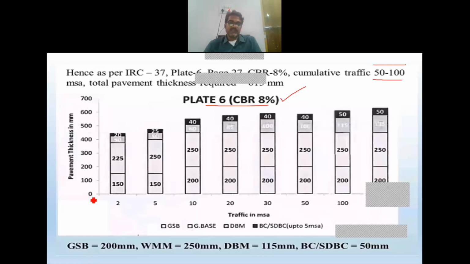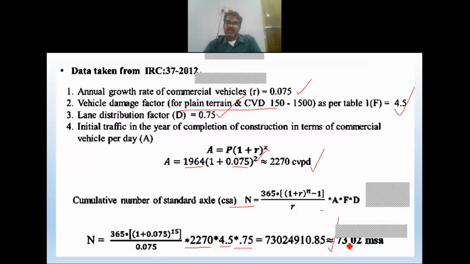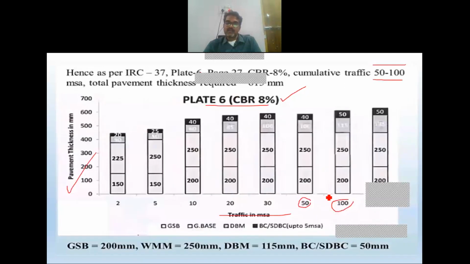Now see this chart, plate number 6. On this axis, pavement thickness is given in mm. On this axis, traffic is given in million standard axles. This is 50 and this is 100 million standard axles. My traffic intensity is 73, so it will lie between 50 and 100. Then I can know the thickness of the different layers.